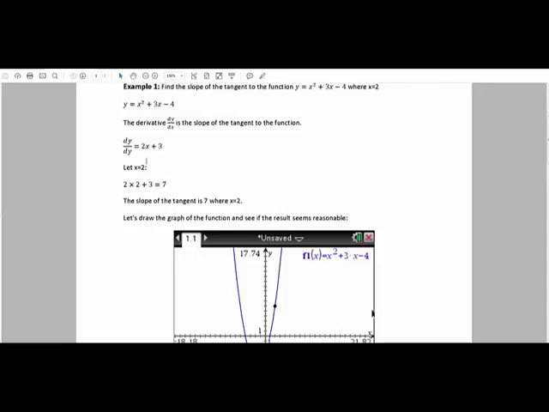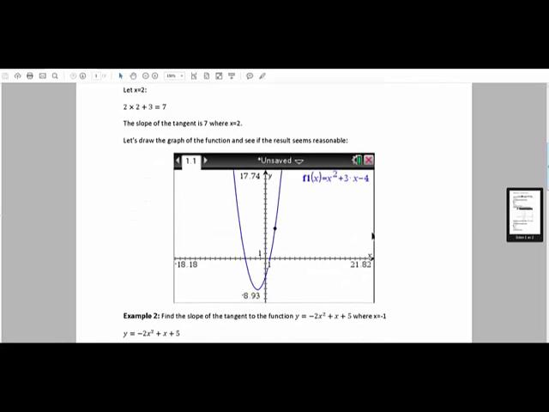Okay? So 2x plus 3, substitute 2 for x, then we get 2 times 2, plus 3 is equal to 7. So the slope of the tangent is 7 where x is equal to 2.